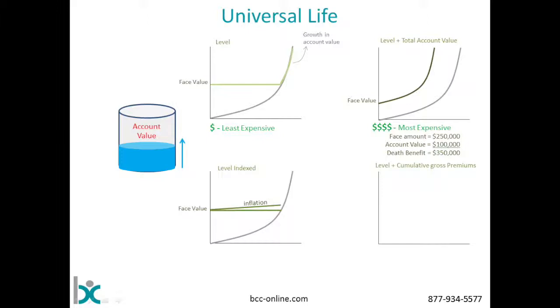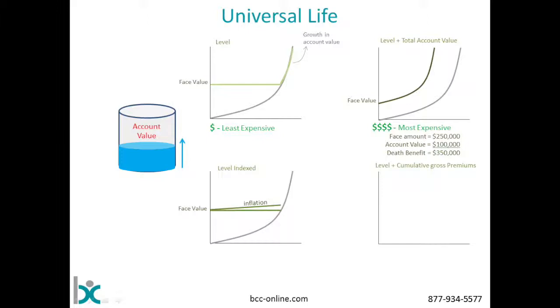Face value increases. It's only slightly more expensive, but it is a little more expensive than the level death benefit option, only because you have more death benefit here. Again, like with the level option, if your account value grows to a point that it exceeds what your face value is at that point, that will become the new death benefit.